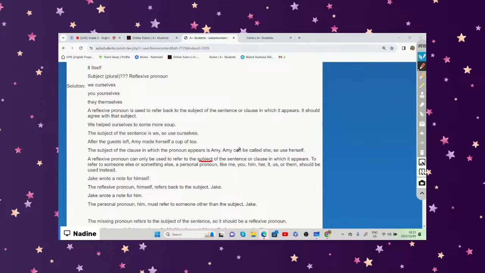So remember, once you identify your subject, your reflexive pronoun basically needs to refer to it. If your subject is we, then your reflexive pronoun needs to refer to that specific subject.